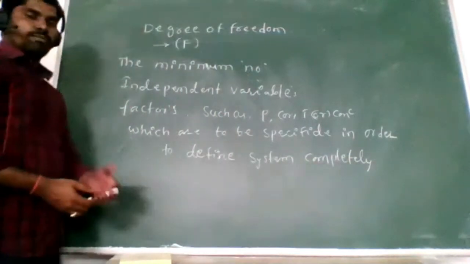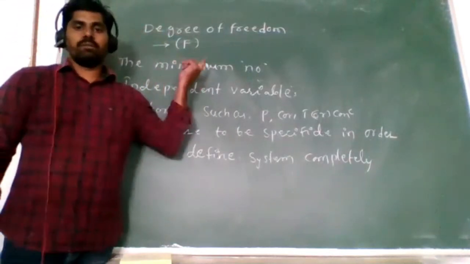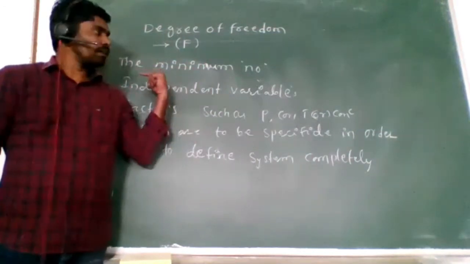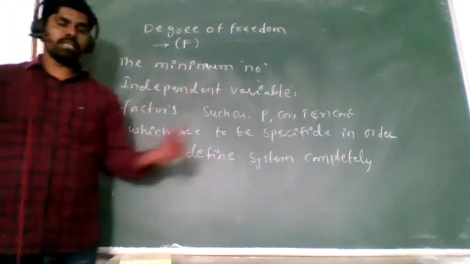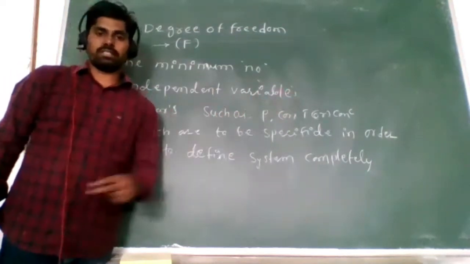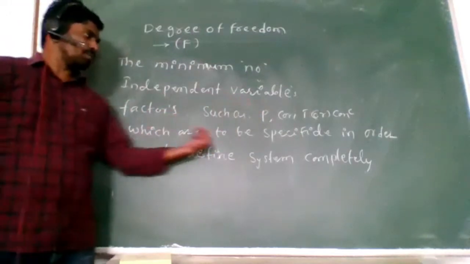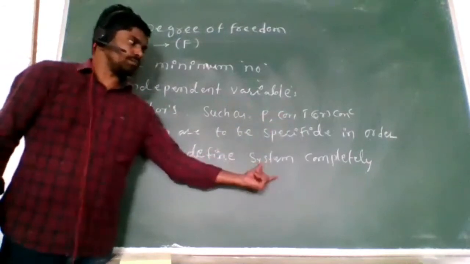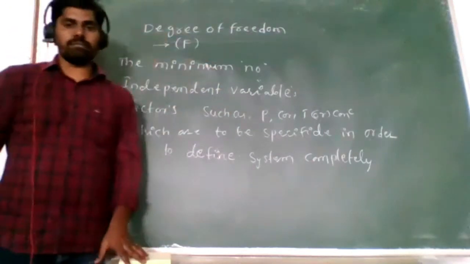What is that degree of freedom? Degree of freedom means the minimum number of independent variable factors, such as pressure, temperature, concentration, which are to be specified in order to define the system completely. That is the degree of freedom.